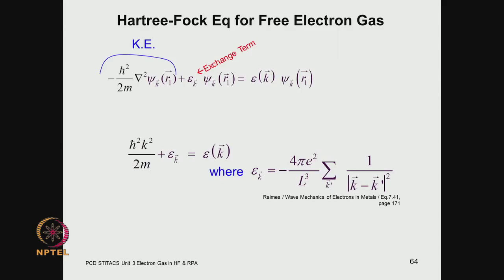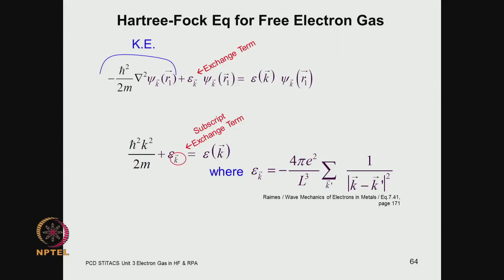And we also found in our previous class the complete expression for the exchange term, which is minus 4 pi square over L cube, and you must sum over all the states, and you have got 1 over the modulus square of the difference between k and k prime when you sum over all the states k prime.